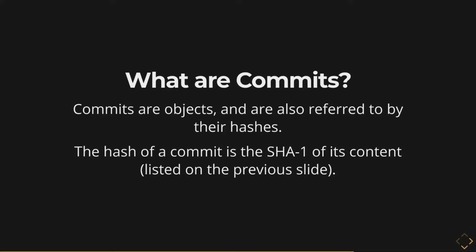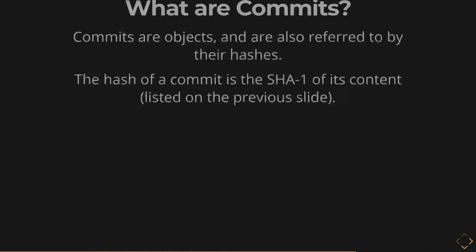There's a file inside Git that contains literally the text tree and then its hash, author and the author's name, author email, etc. It takes that file content and it hashes it, and that becomes the name of that commit, the hash of that commit. And in all of Git, hashes are what we use to refer to commits. A commit is named by its hash. It's identified by its hash.